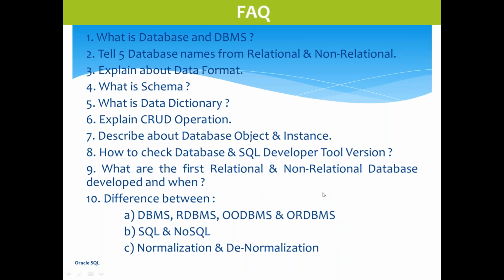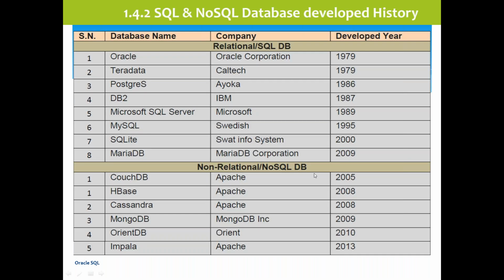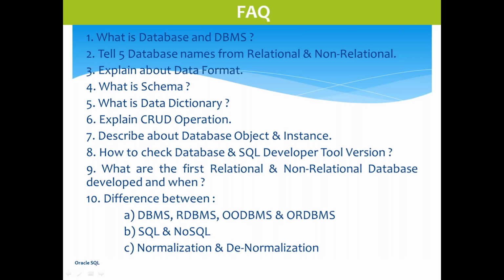Oracle is the first relational one. And coming to non-relational, MongoDB, 1979, this is the first one. And from Apache, CouchDB, developed by Apache in 2005. That is non-relational.